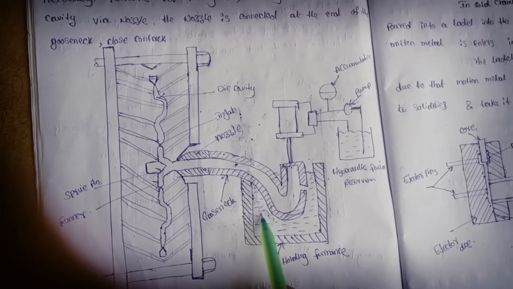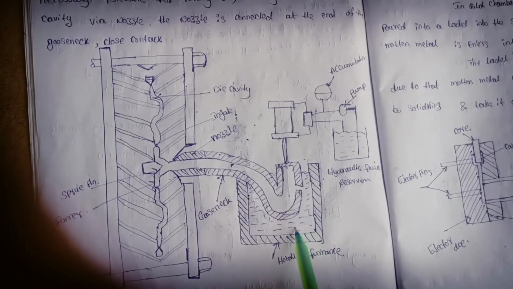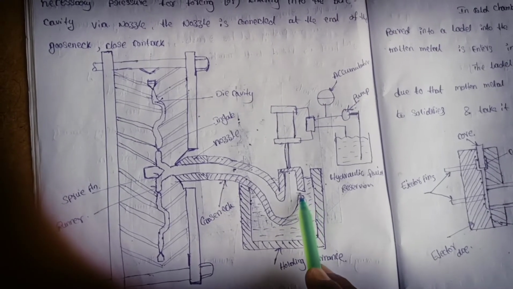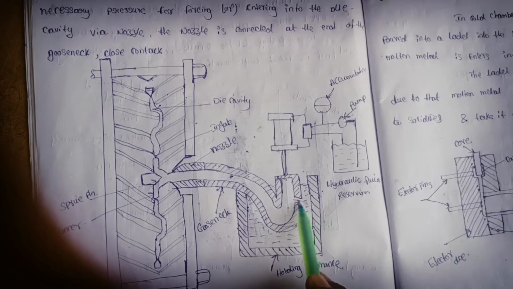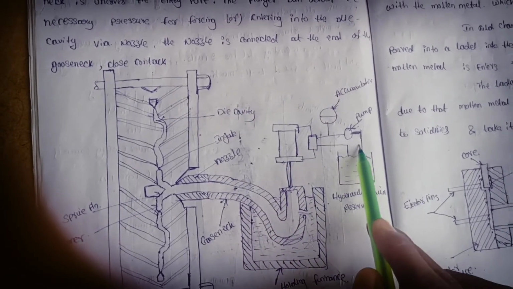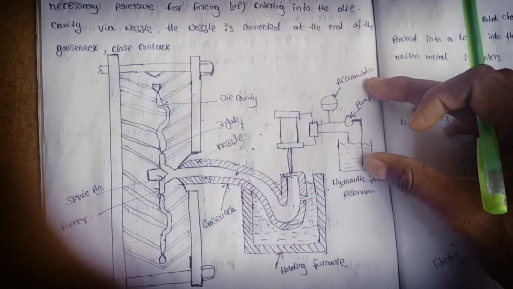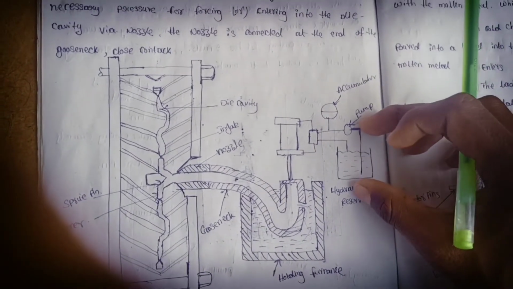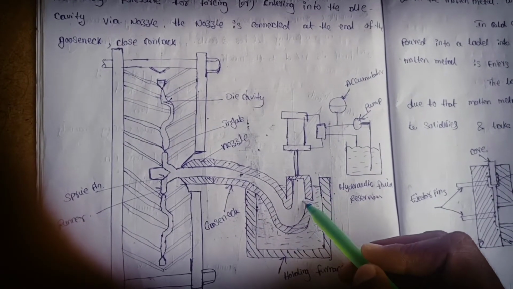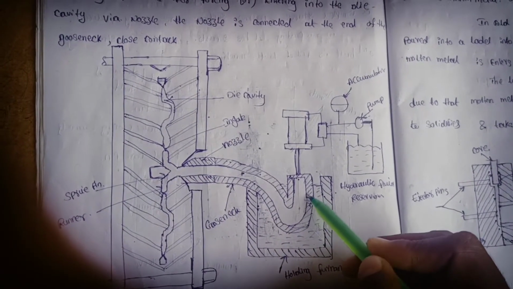In the holding furnace there is very highly heated molten metal, and there is one opening gate in the gooseneck. For the plunger operation, there is one hydraulic fluid reservoir. This reservoir helps to operate the plunger, opening and closing the gooseneck.